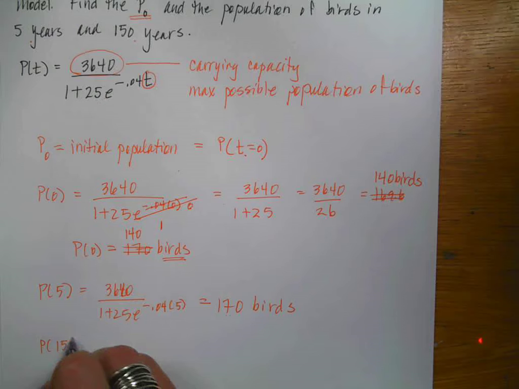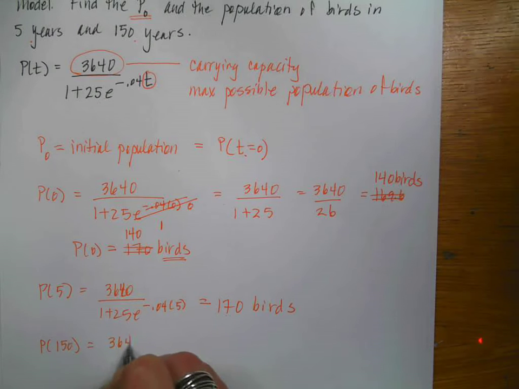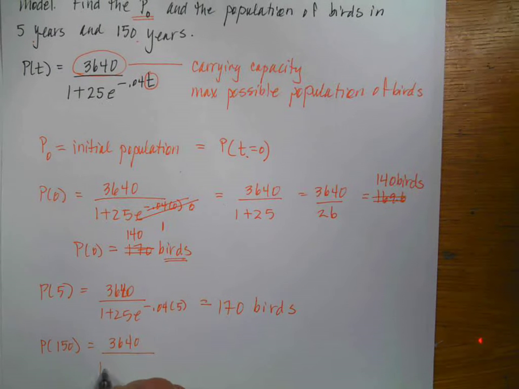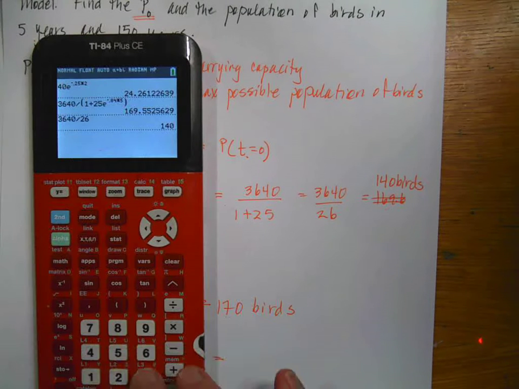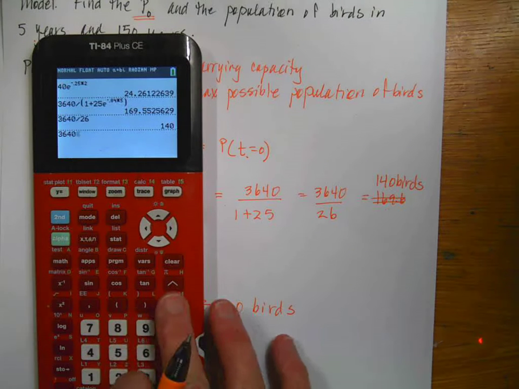So now let's look at what happens in 150 years. So it's going to be 3640 over the 1 plus 25e to the negative 0.04 times 150. And when I do that math, let's do it in our calculator.